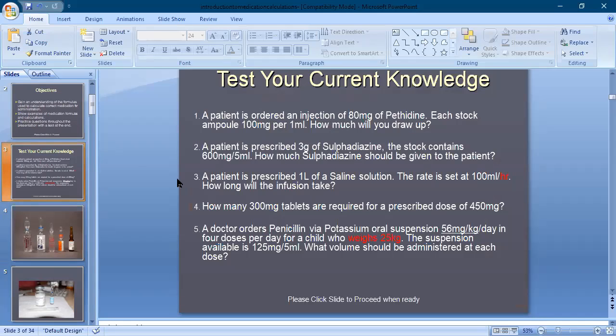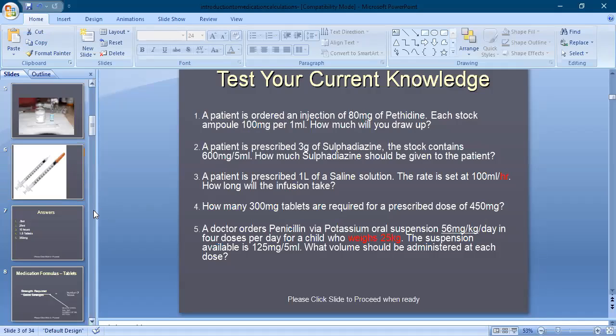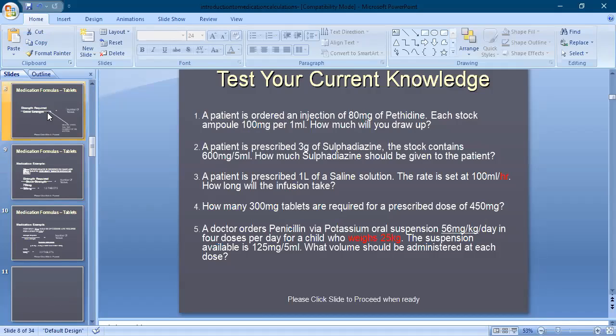The amount of medication administered equals the doctor's order divided by the medication in your hand, multiplied by volume. So 80 divided by 100 multiplied by 1 ml. This is the amount we have to calculate for the patient, right?